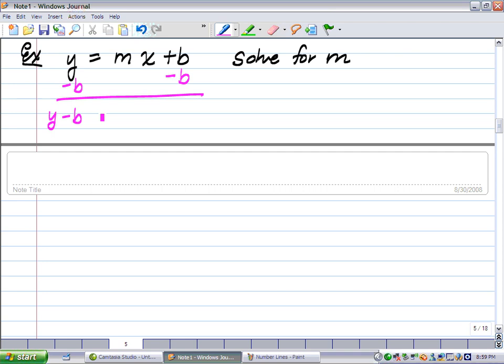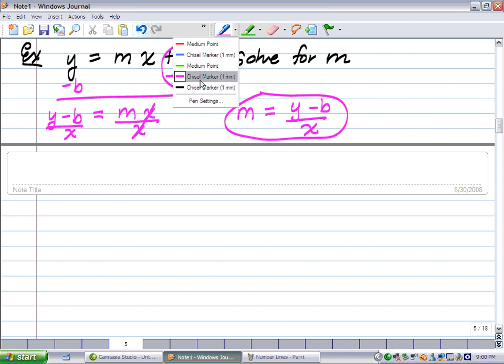On the left, they're not like terms, so all I can do is write them together. On the right side, I have mx plus nothing, which of course is just mx. Now I'm still trying to get the m alone, so I'm going to divide both sides by the x. Notice it's on the right side, that's okay. M times 1 is still m, so my answer is m equals y minus b over x.